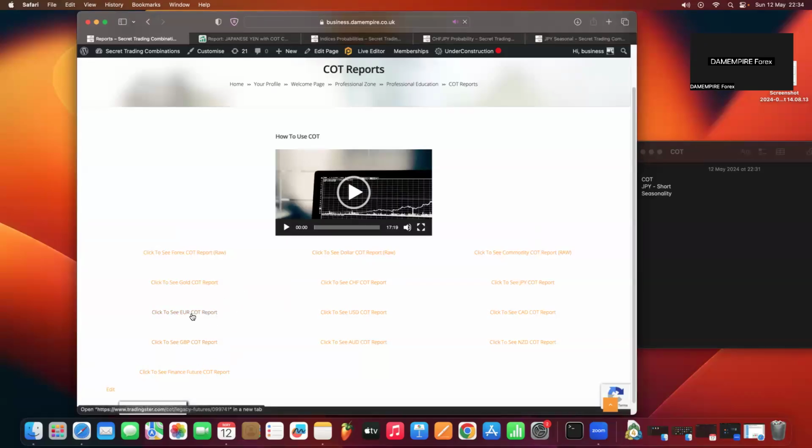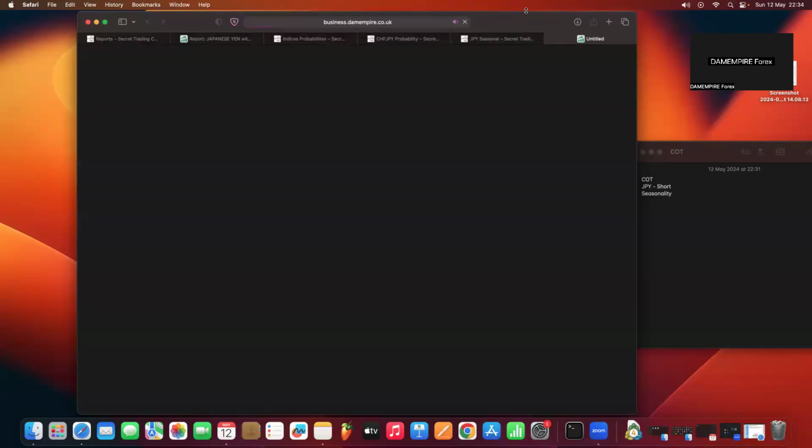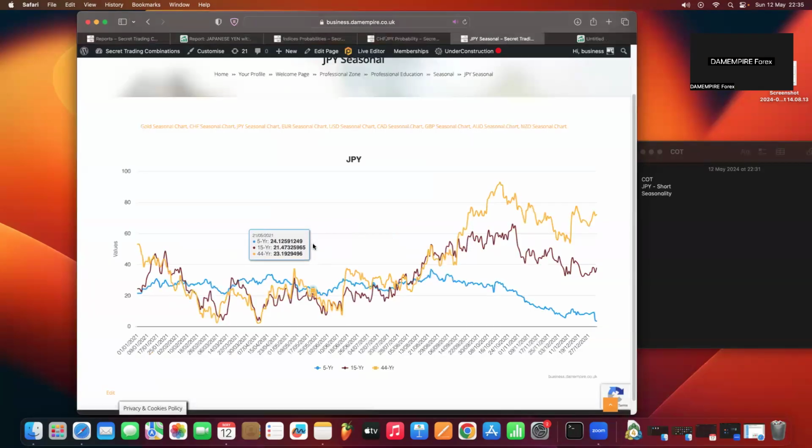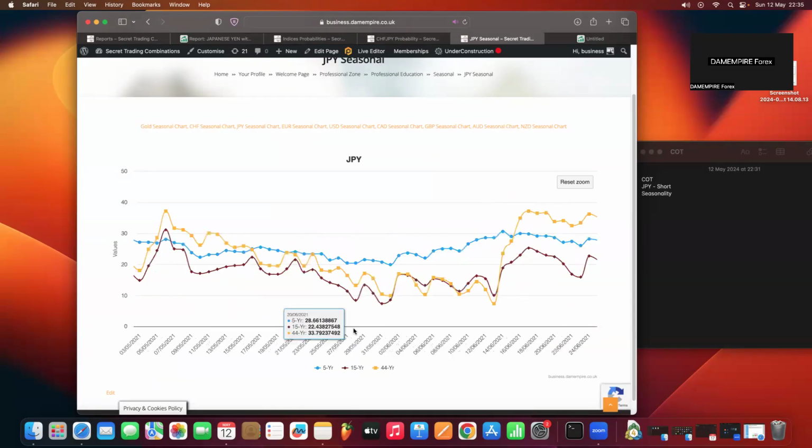Yeah, so we look at the next one, Euro. It's going to take a while. Ideally, if the JPY was aligned, I mean the 16th right here. Let's see.